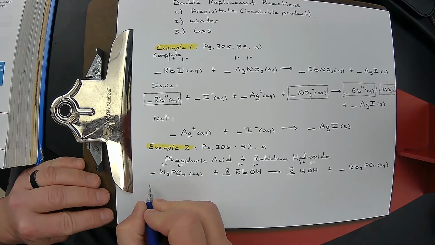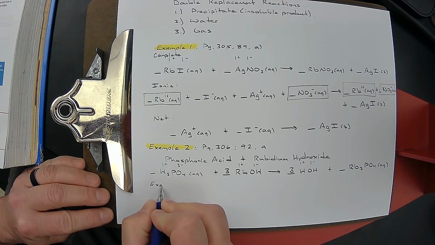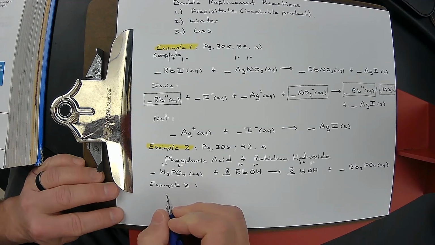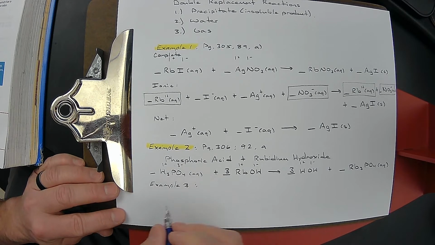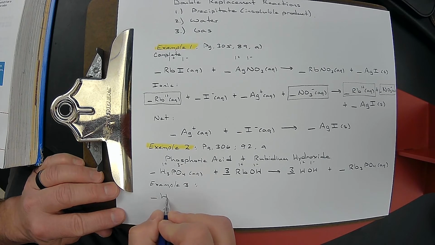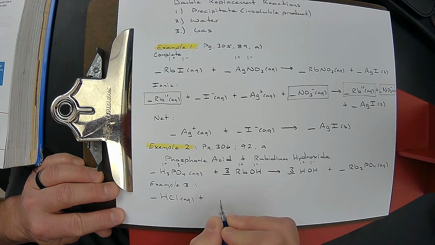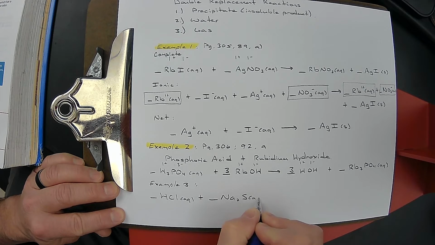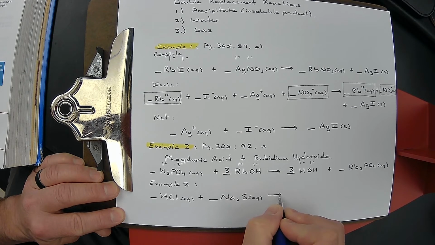For our final example, example 3, what we're going to look at is HCl in aqueous solution, reacting with Na2S, also an aqueous solution.